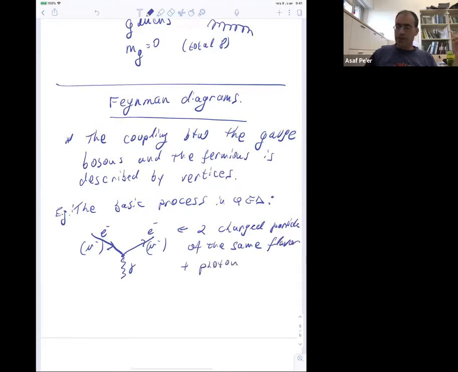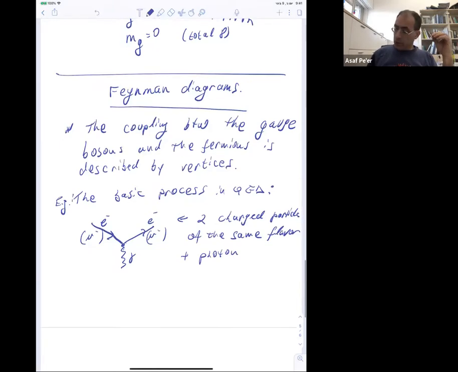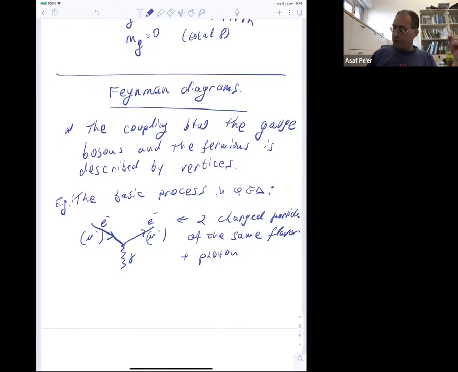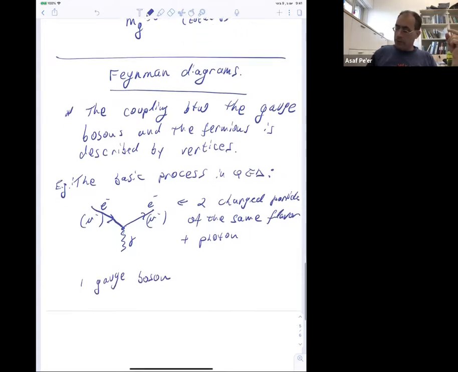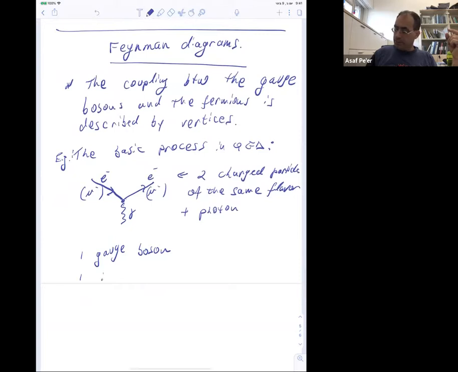This is the basic interaction describing QED. So we always have one gauge boson, one incoming particle, and one outgoing particle. Fermion.